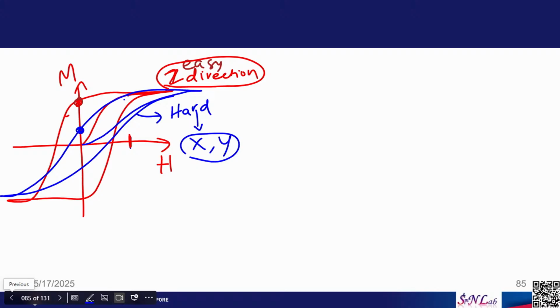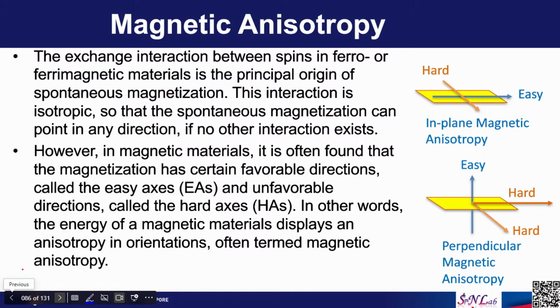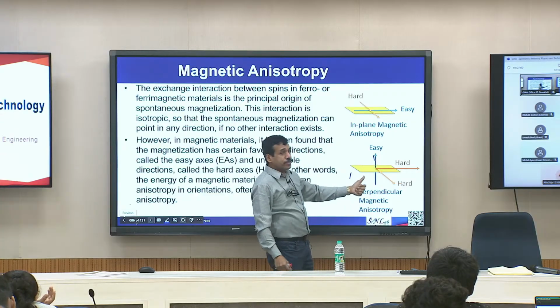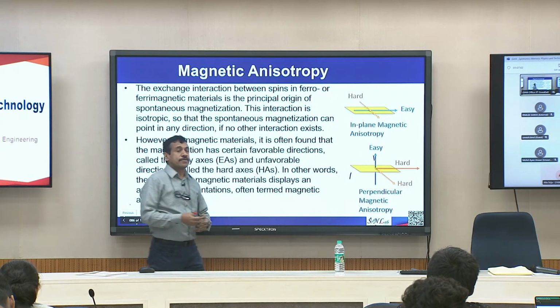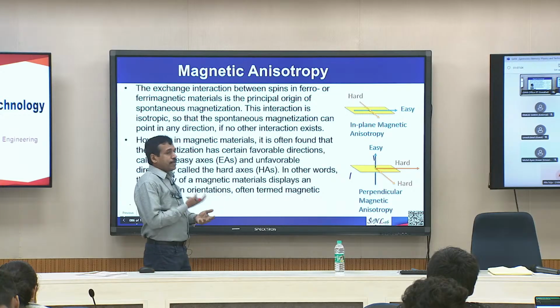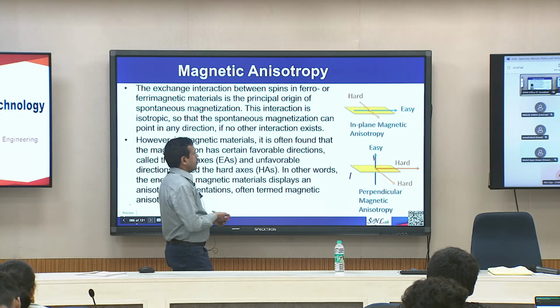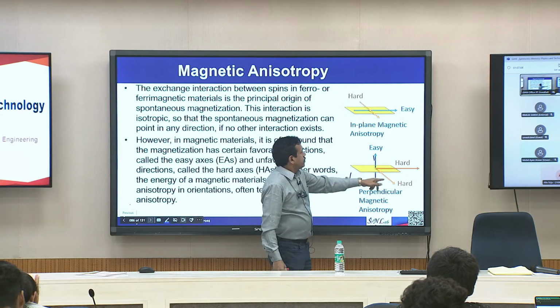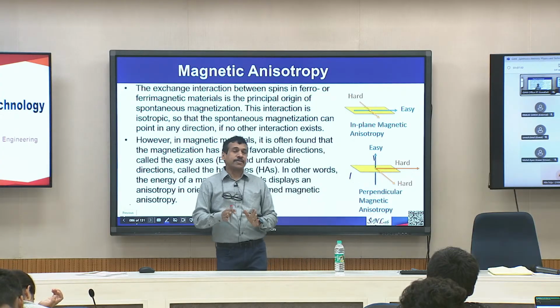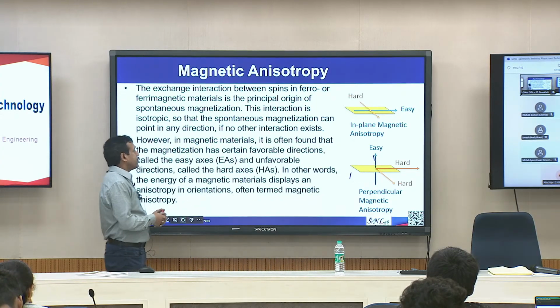So, now we can say the perpendicular direction is the easy direction and the plane directions are the hard directions. Okay. So, if you have that property, for example, the measurement along the perpendicular direction gives rise to easier saturation, larger retention of magnetization, but within the plane it is difficult to saturate the magnetic field.